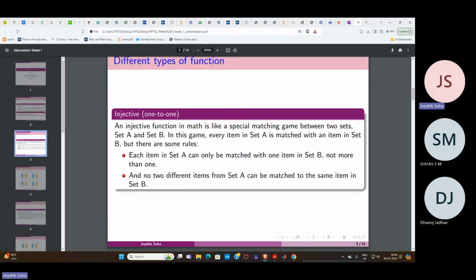In mathematics, we can say that if there are two sets A and B, each item in set A can only be matched with one item in set B, not more than one, and no two different items from set A can be matched to the same item in set B, right?